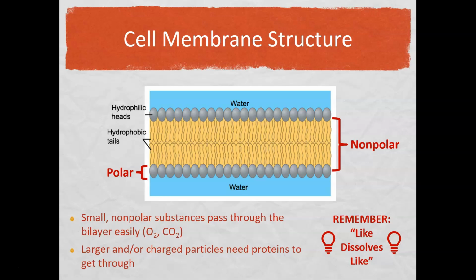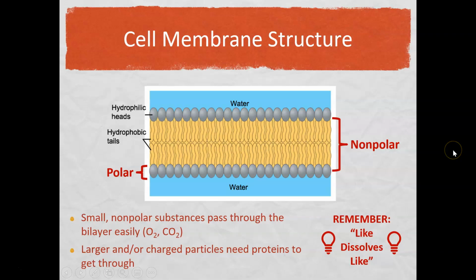So remember this whole idea that like dissolves like. If I'm going to interact with another molecule, it needs to be the same chemistry as myself. So when I'm looking at my cell membrane structure, it really is going to be this nonpolar tail hydrophobic layer that really is going to be the barrier. All right, can I get through these heads, and then can I interact here in order to pass the rest of the way through?